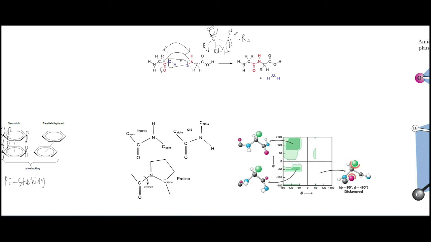So those electrons will go back to the nitrogen, and then we end up with our R1 going to C double bond oxygen from up there. This goes to the nitrogen, which is like that, and this right here is now the H2O, and so we lose that water to come off here and form this peptide bond here.